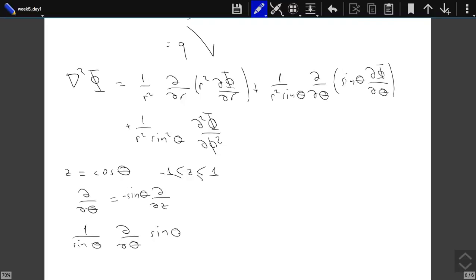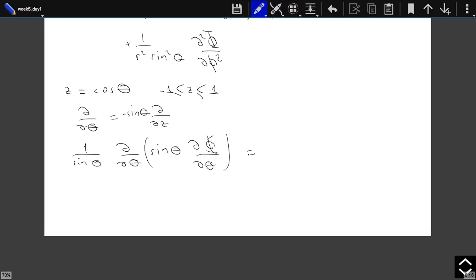Now we have the boundary conditions, the boundary separating region 1 and region 2. And those are the potential should be finite. No, not finite, continuous. That is phi 1 should be equal to phi 2 when r is equal to capital R. This is the continuity of the potential.